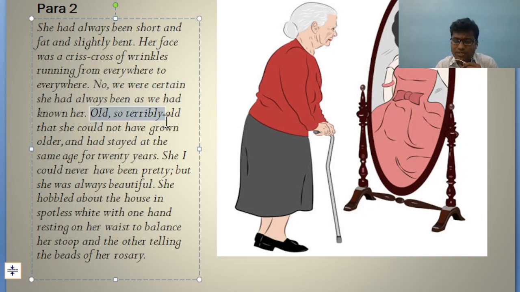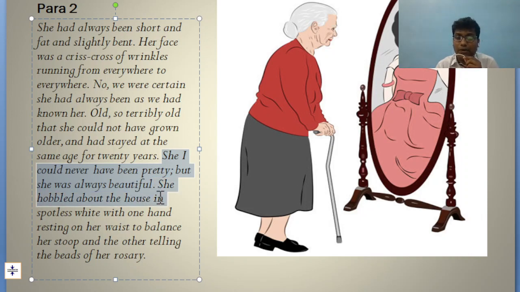Now, old, so terribly old that she could not have grown older and had stayed at the same age for 20 years. So, as per the memory of the author, as I find her now, 20 years back, when I first saw her, she was all the same. I mean, she didn't change because she has been so very old. Now, she and I could never have been pretty, but she was always beautiful.